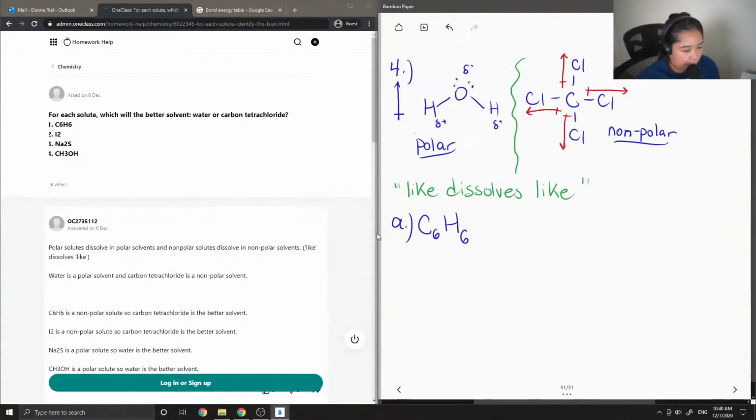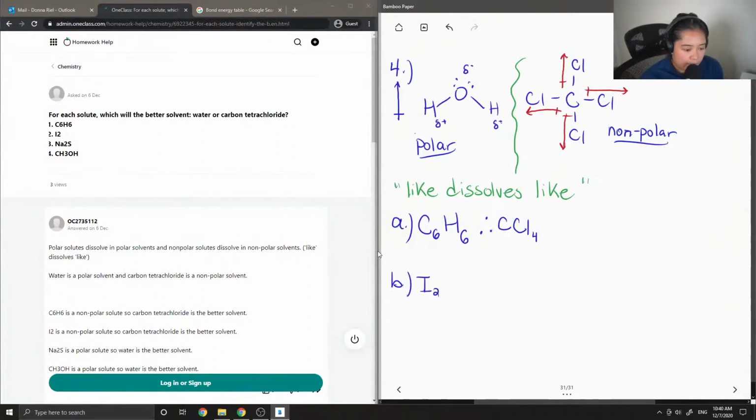Well, either way, this is just a simple hydrocarbon, only containing carbon and hydrogen bonds, and even the electronegativities between carbon and hydrogen are pretty similar, so the difference isn't that noticeable. So therefore, this hydrocarbon can dissolve in the nonpolar solvent, carbon tetrachloride.